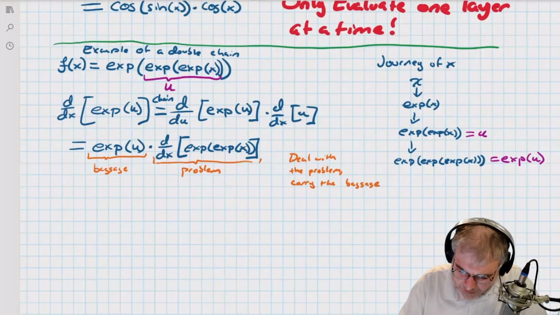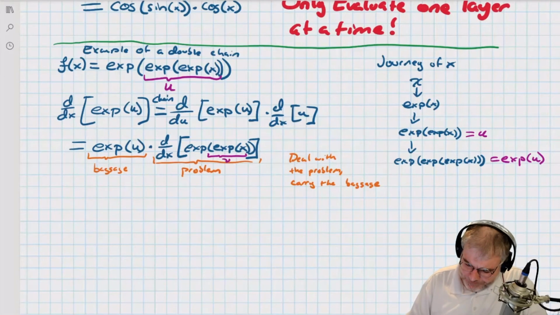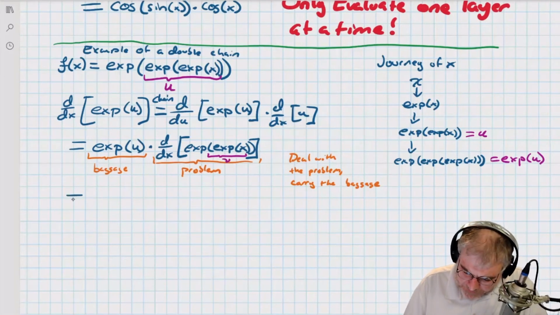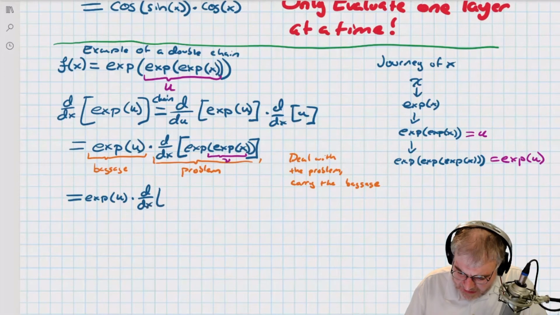Okay. So now I'm going to do another run of the chain rule. But this time I'm going to let this be v. So now I need to carry my baggage. And I already used u, so I'm going to use v. So this is going to be times the derivative with respect to x of exp of v.